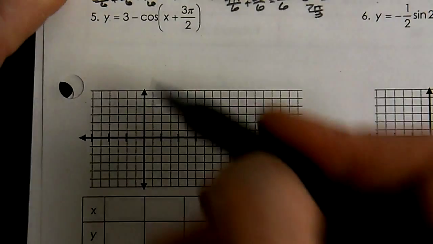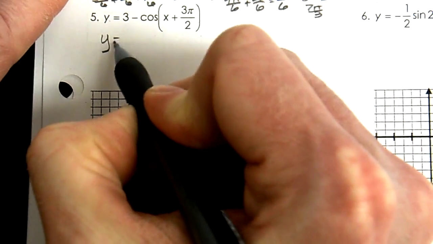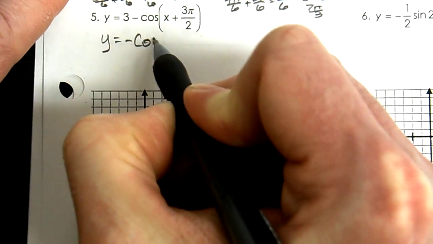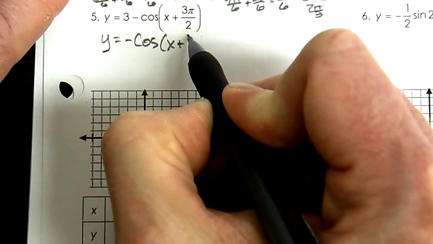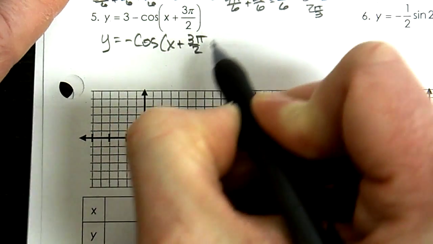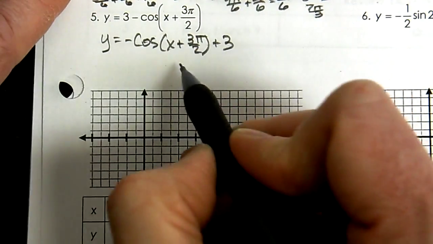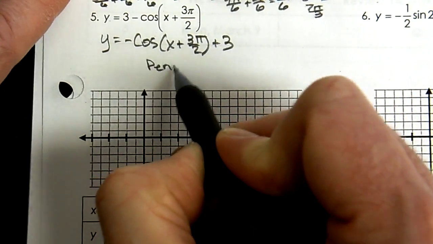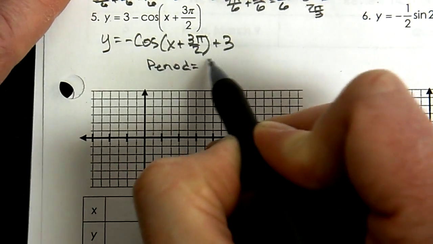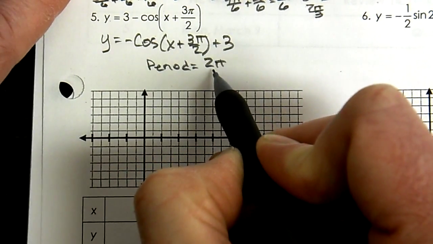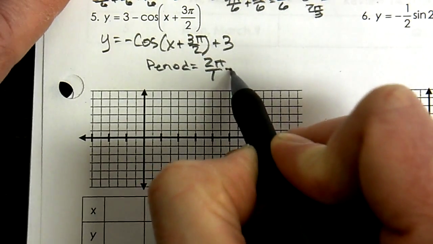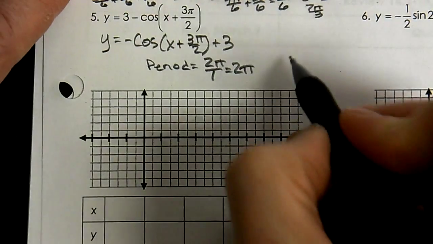Our next graph, we're going to treat it the same way. We're going to put the negative cosine of x plus 3 pi over 2 and a positive 3. So our period is 2 pi divided by b, which gives us 2 pi.